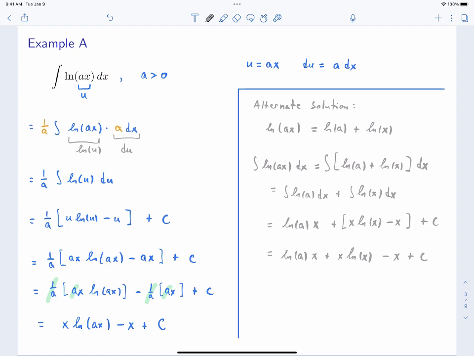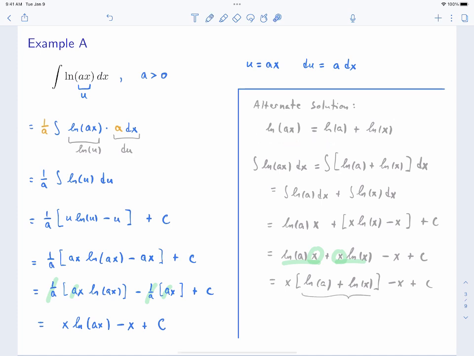Now these might not look immediately like the same thing, but we can take this ln of a times x and that x times ln of x, and we can factor out the x term right there. So this is going to give us x times ln of a plus ln of x, minus x plus c. And again, we use the properties of natural logarithms now to combine these.